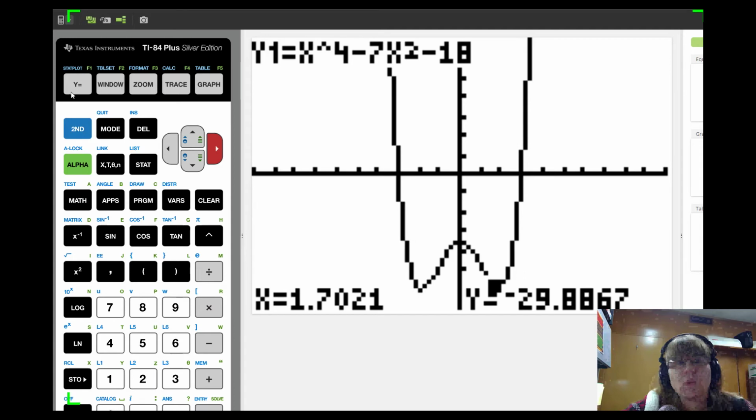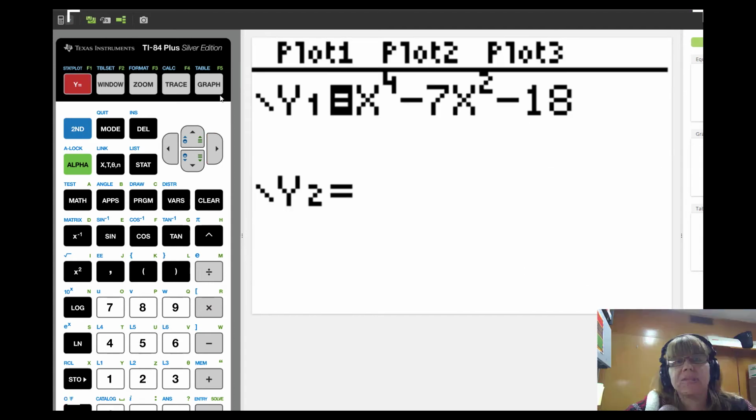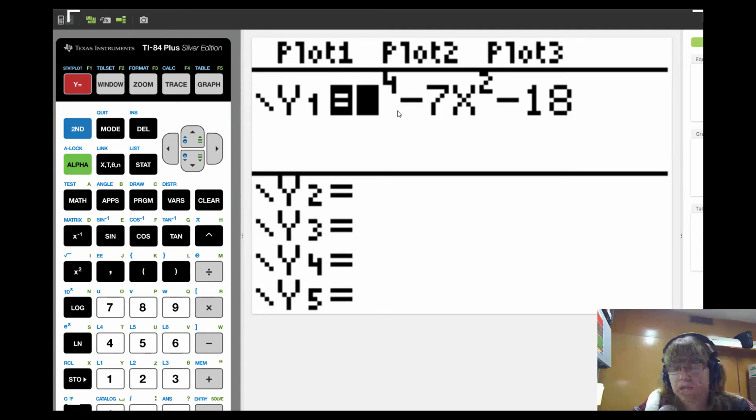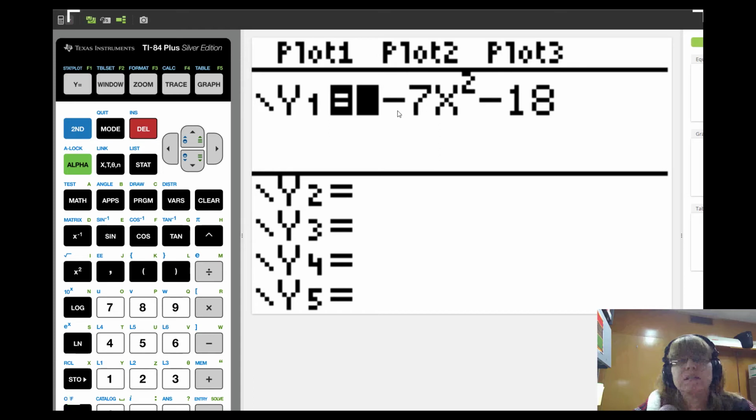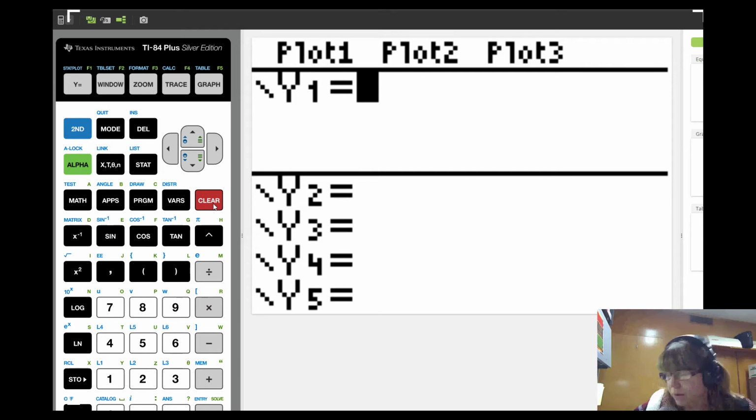Okay, let's try the second function. I'm going to go back and clear out that function. There we go. And this time it's going to be x cubed plus x squared minus 12x.